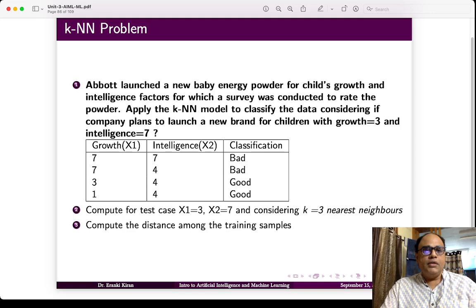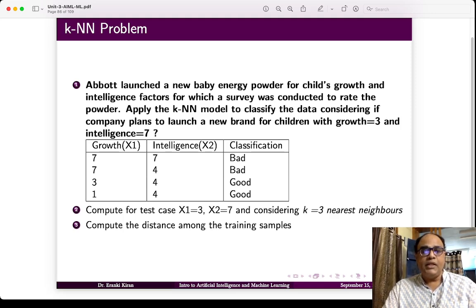The data has 4 data points pertaining to growth and intelligence, and if growth and intelligence happen to be 7, the classification is saying that it is bad for the growth of the baby. And if the growth is 3 and intelligence is 4, it is considered a good product for the baby.